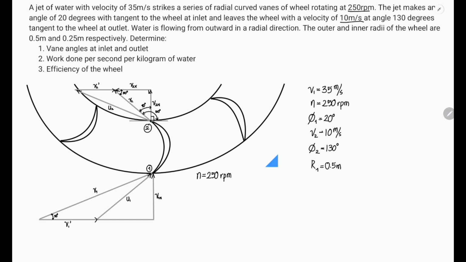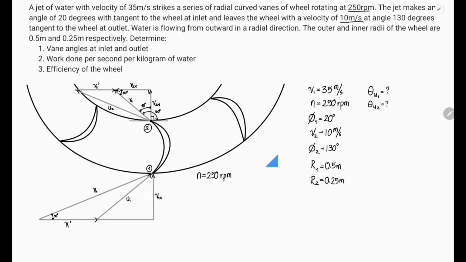So, for R2, yung ilalagay natin is 0.25 meters. And then, ang mga unknown natin is the vane angles at inlet and outlet. So, ang vane angles are the angles na ating relative velocities u1 and u2. So, that is theta u1 unknown and theta u2 is also unknown.